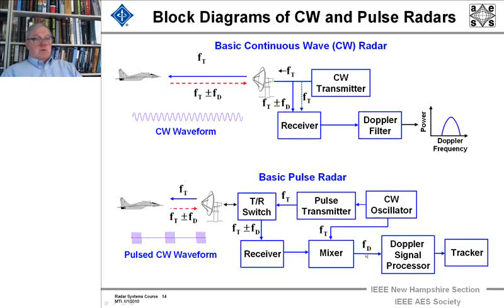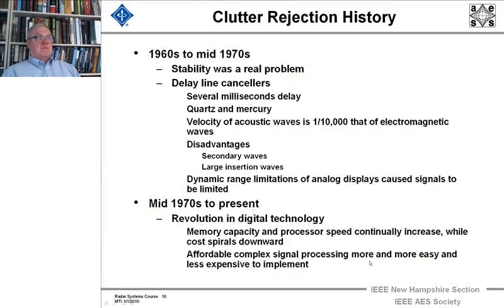Then you send this data into a Doppler signal processor, and afterwards you send data from successive scans into a tracker to correlate them, to follow the track of the target you're looking at. And of course, if the target was receding, it would have a minus sign. Before, it was coming towards you; here, it's receding, so it would subtract. Okay.